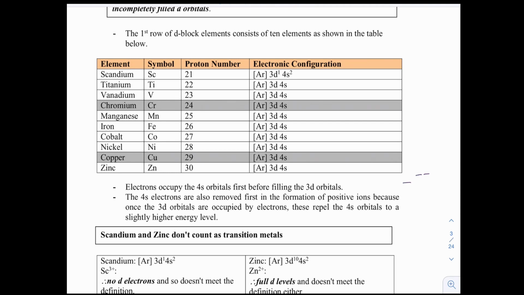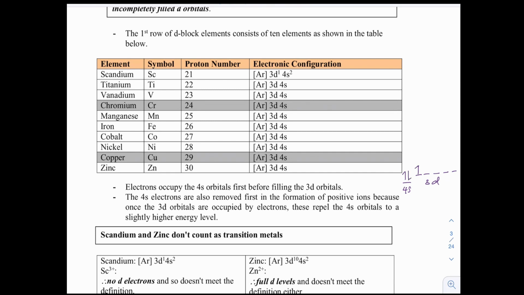Imagine initially this is 4s and this is 3d. Now we know that 4s orbital has lower energy. So therefore, if we want to fill up electrons, we'll have to fill up 4s first, which is like this. Let's say 3 electrons are filled: 1, 2, 3.